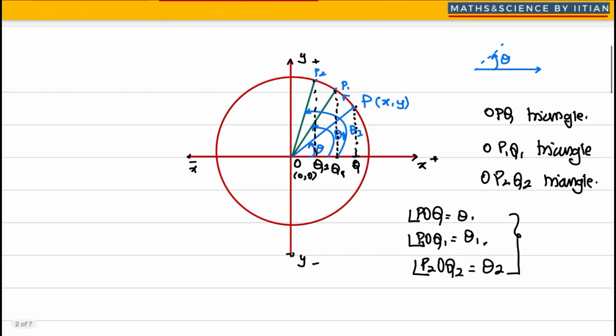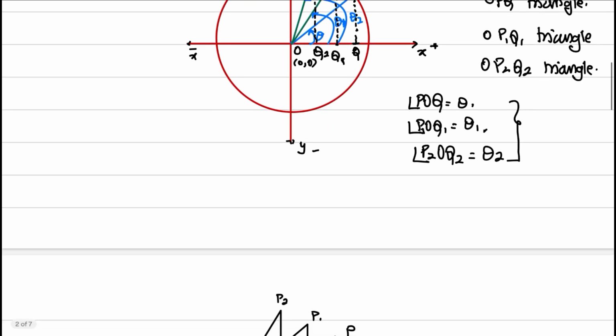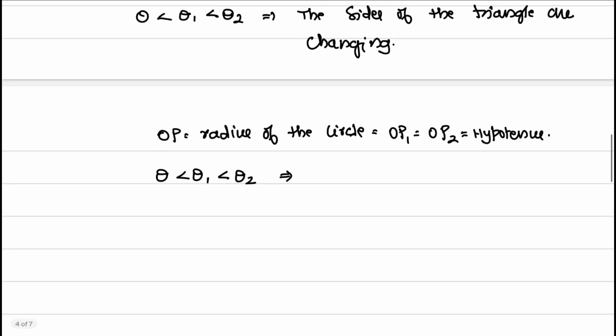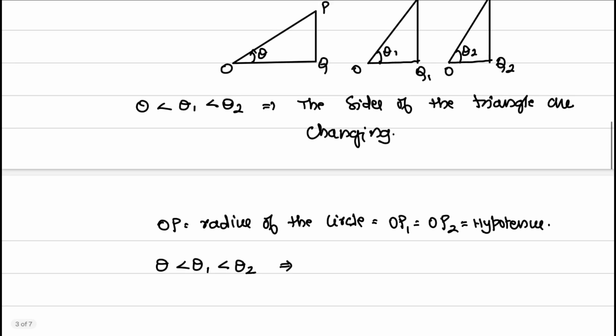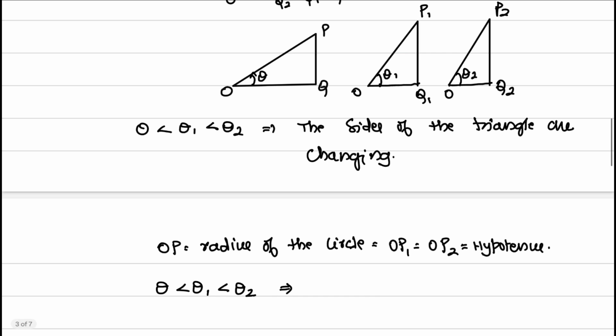The opposite side, the perpendicular drawn from P to Q, increases. That means PQ is less than P1 Q1 is less than P2 Q2. Do you agree?